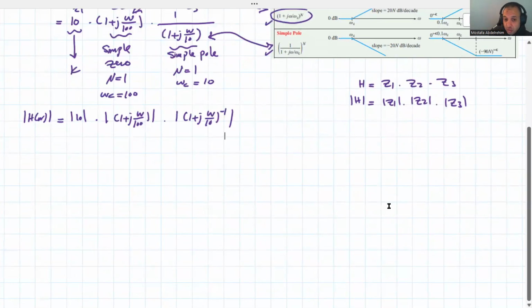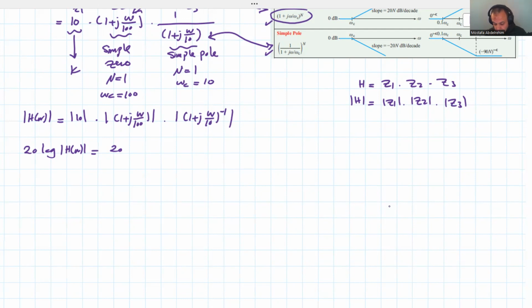And remember, when we do the Bode plots, we do 20 log. So 20 log the magnitude of H of omega equals 20 log of all of that. Again, let's go back to the principles of logarithms.